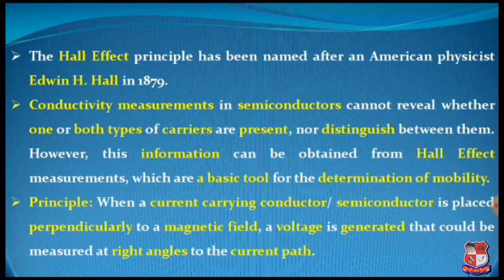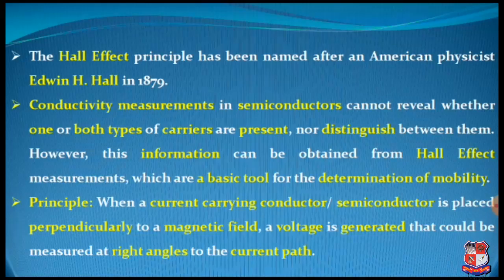But the drawback of conductivity measurements was that it was unable to detect the presence of single or dual types of carriers or distinguish between the holes and electrons. However, this information can be obtained from Hall effect measurements, which are a basic tool for the determination of mobility.